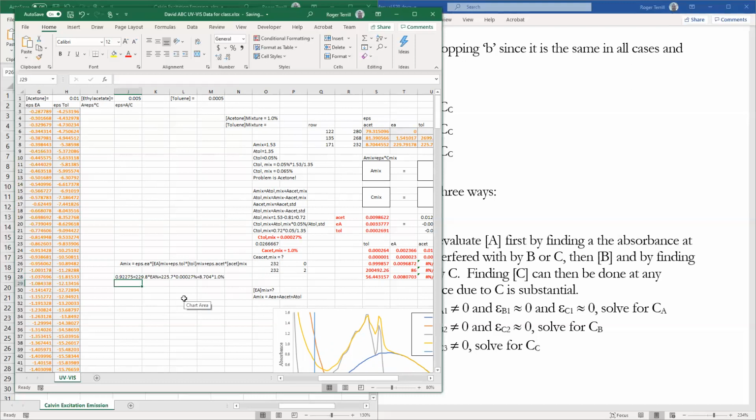So this is the equation that we have. This is all taken at 232 nanometers.